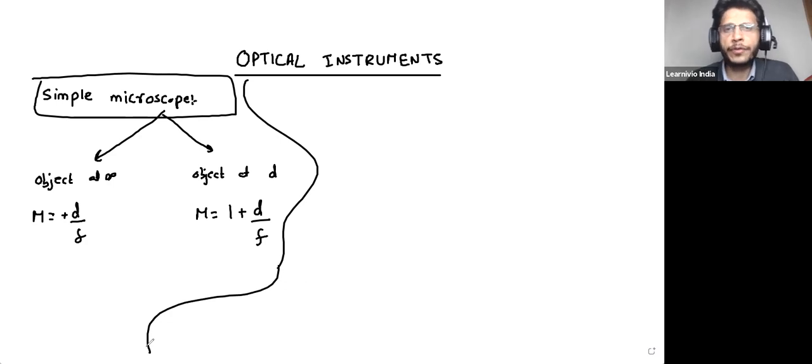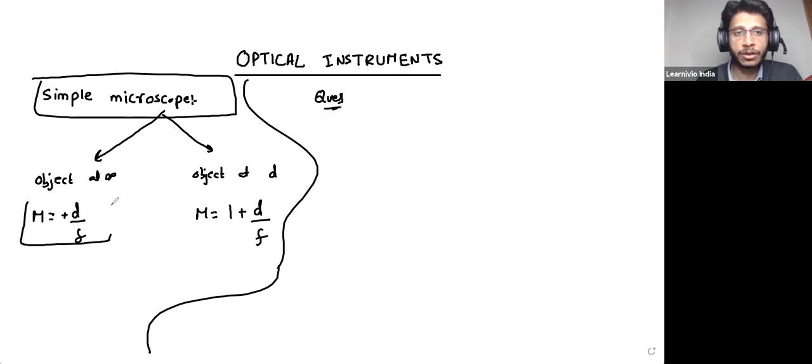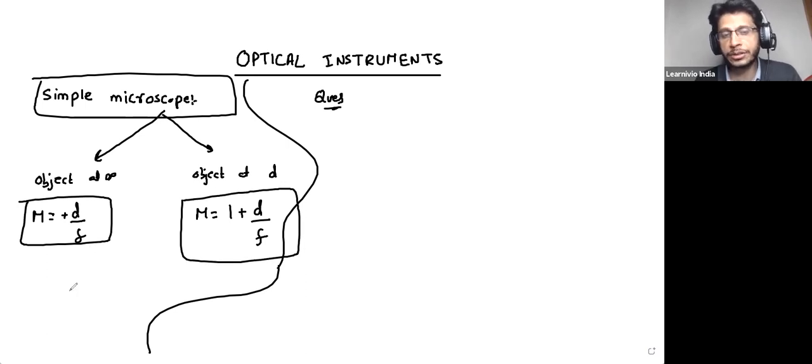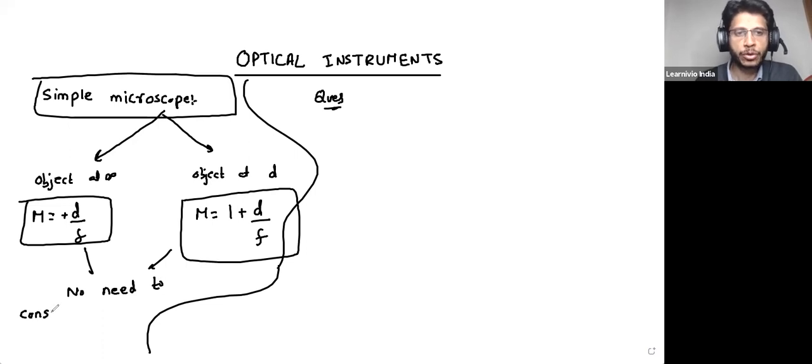The angular magnification of simple microscope when your object is at infinity and when your object is at least distance of distinct vision. Solve first numerical, first basic. And one more thing, while using both of these relations, no need to consider sign convention.